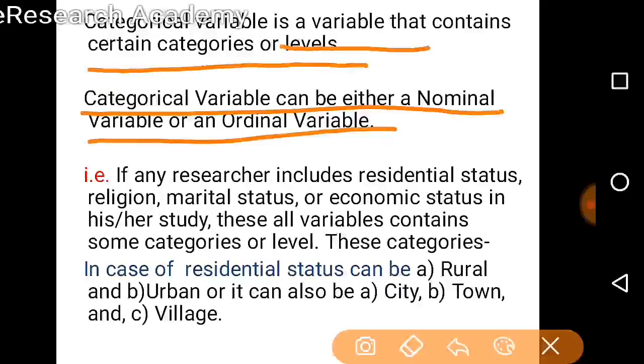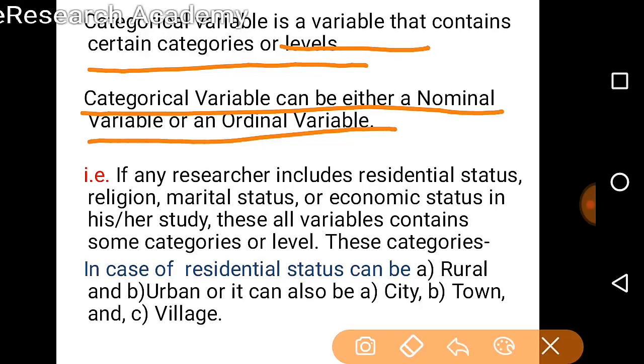Examples of ordinal variables can be the satisfaction level of the respondent, their salary level, their qualification level, where qualification, income or satisfaction can be in a particular order, like lowest to highest.